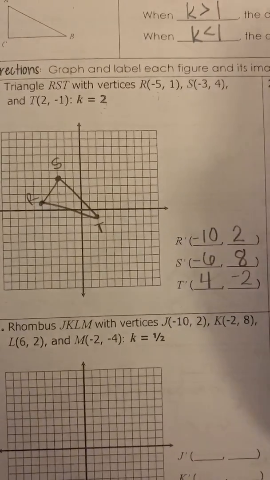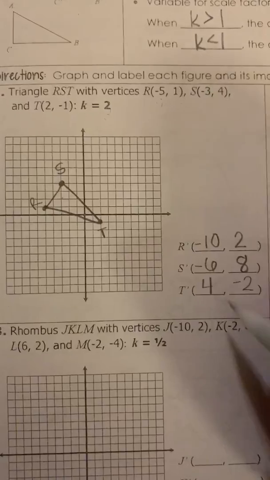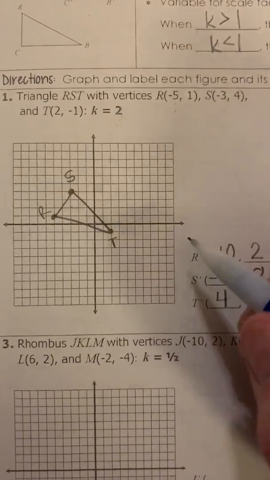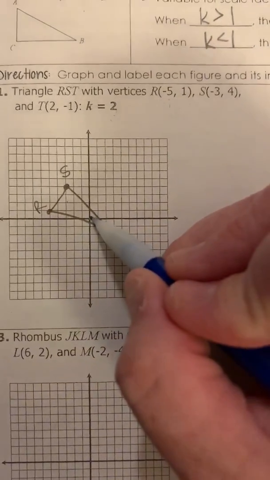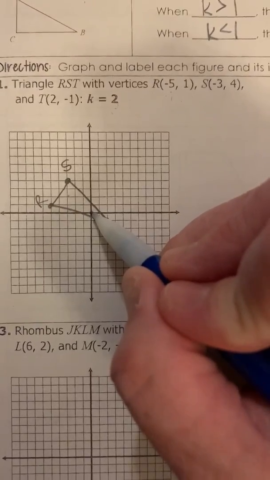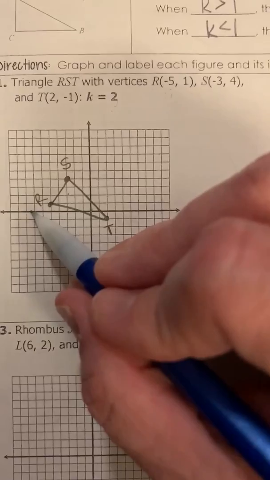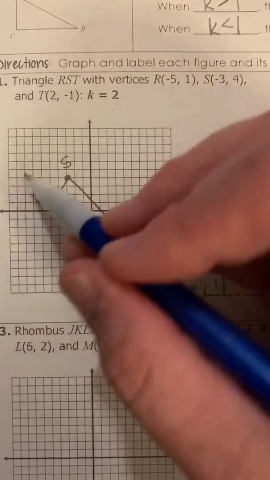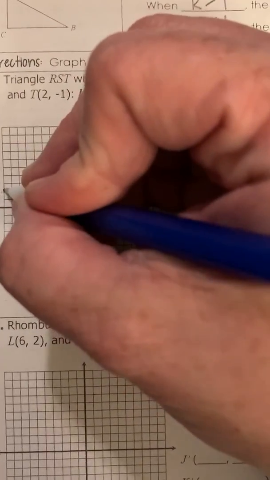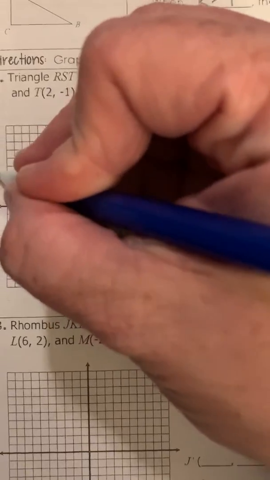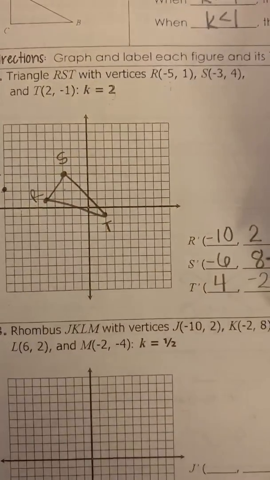Okay, so now I have my new set of coordinates that I need to graph. So R prime is negative 10, 2. So I'm going to count over 10, up 2. 1, 2, 3, 4, 5, 6, 7, 8, 9, 10, up 2. And that's my R prime.